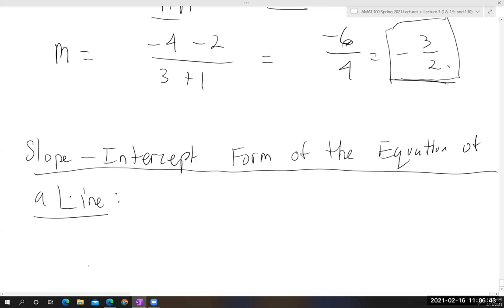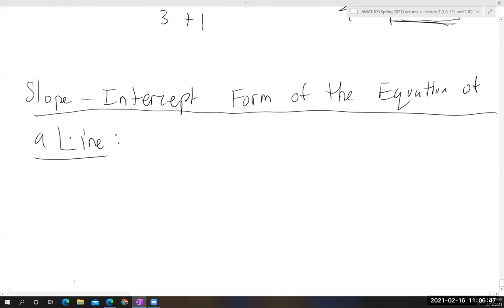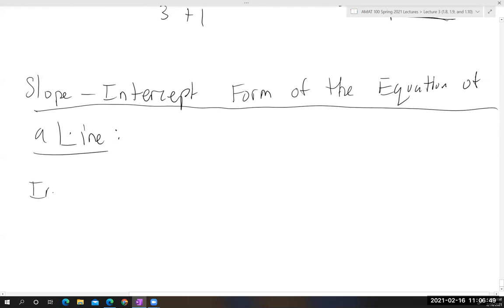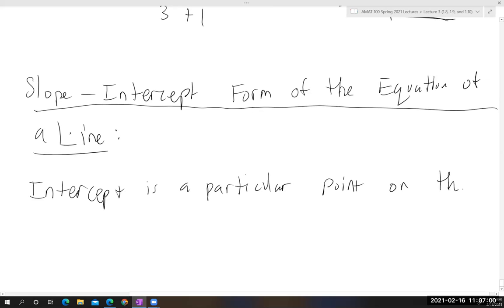So this is just a special case of the point-slope formula, because the intercept is a particular point on the line.